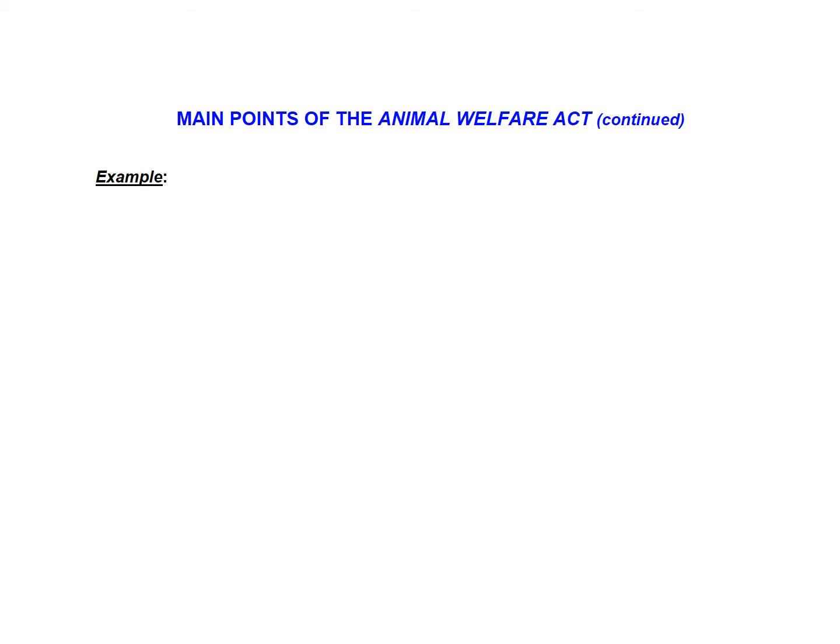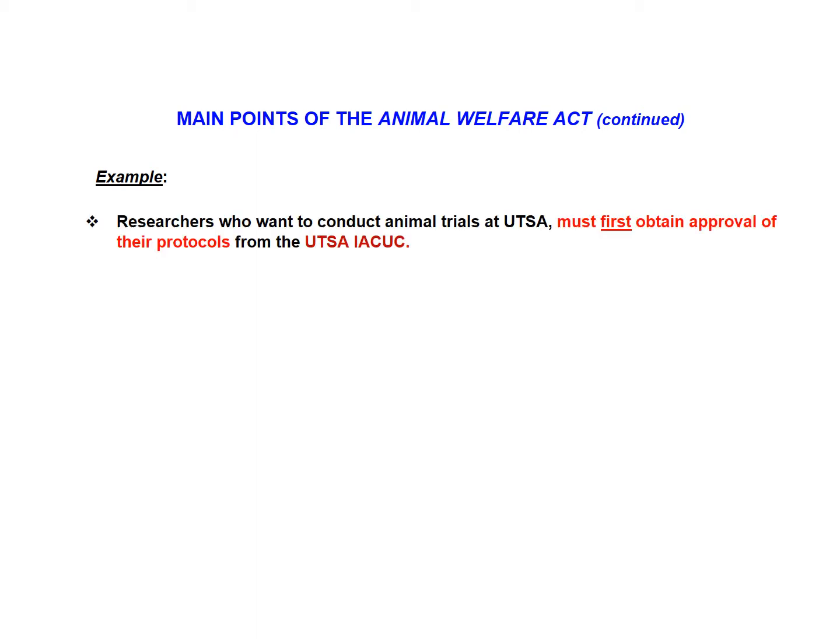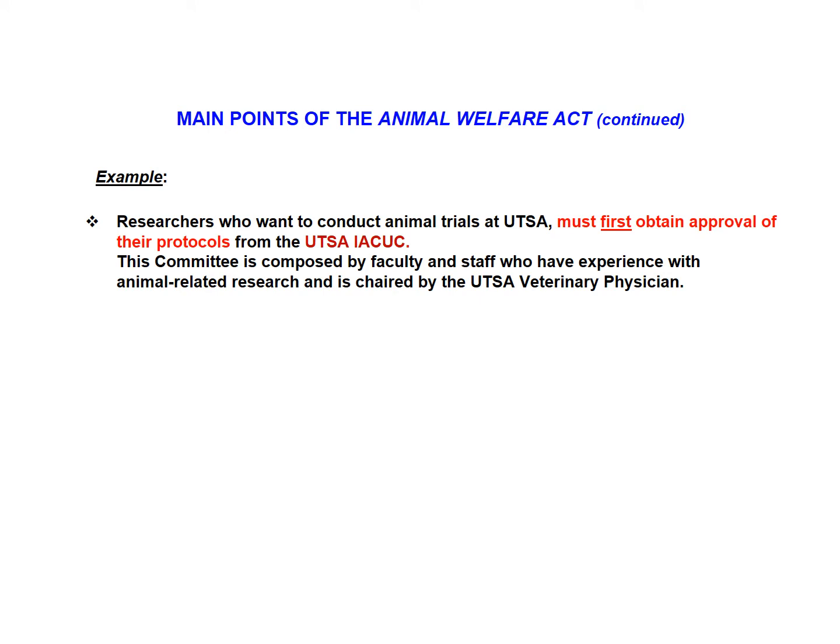A specific example is the Institutional Animal Care and Use Committee at UTSA. Researchers who want to conduct animal trials at UTSA must first obtain approval of their protocols from the UTSA IACUC. This committee is composed of faculty and staff who have experience with animal-related research, and it's chaired by the UTSA veterinary physician.